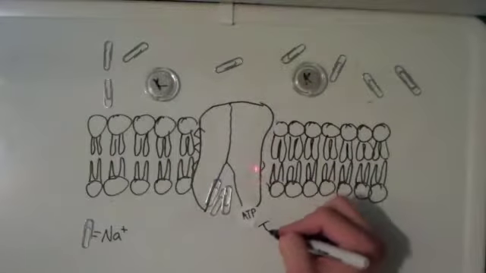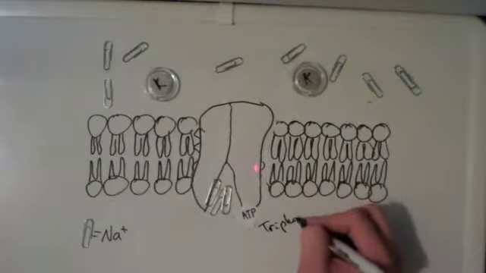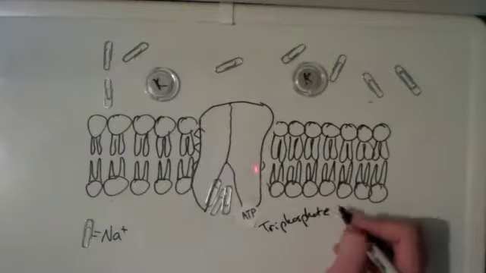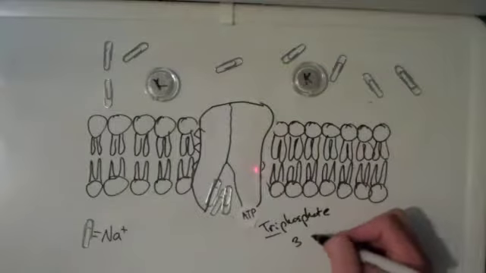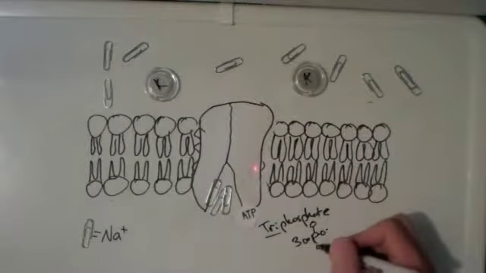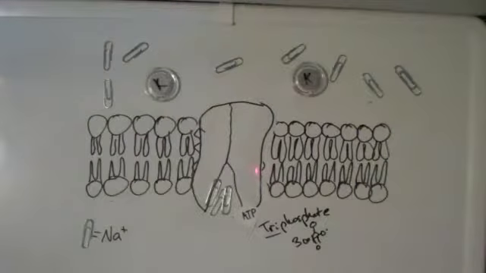So triphosphate. The keyword here is tri, meaning there are 3 phosphates. So what's going to happen is one of those phosphates is going to come off, and it's going to turn this into diphosphate.